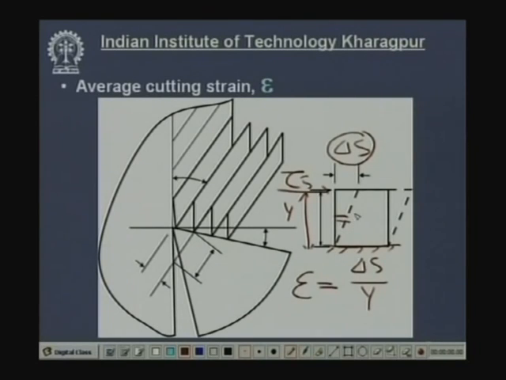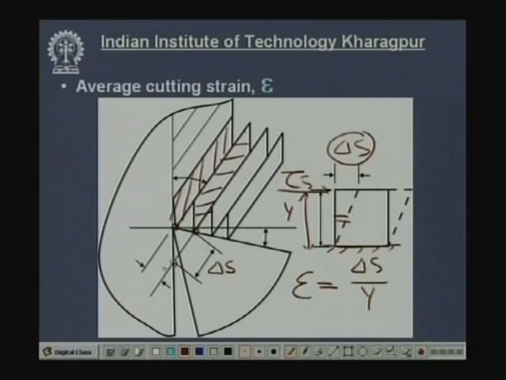Now, in case of machining, according to the Piispanen model, this layer which was supposed to come downward if the tool is absent has occupied this position because of obstruction created by the tool. That means this point which was supposed to be here has gone to that point. So, how much is the shift? This is the amount of shift, similar to this.